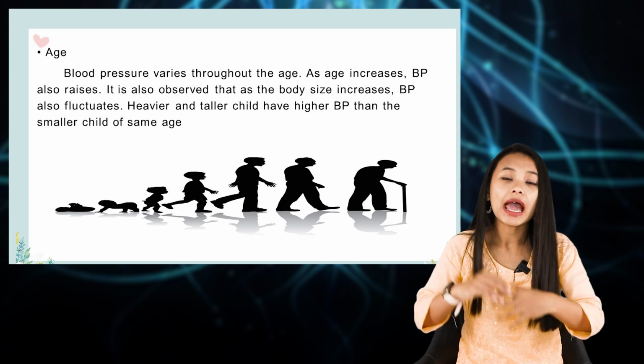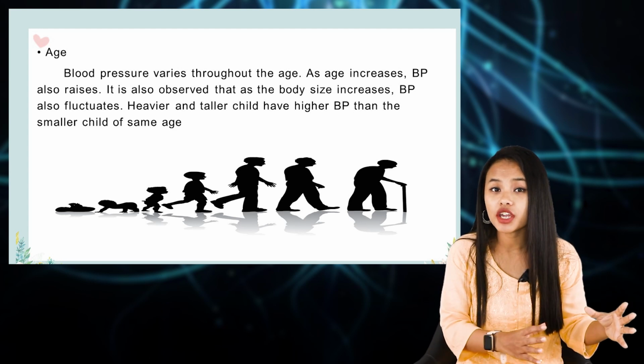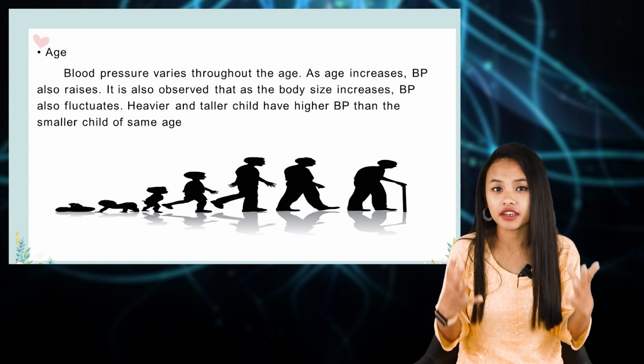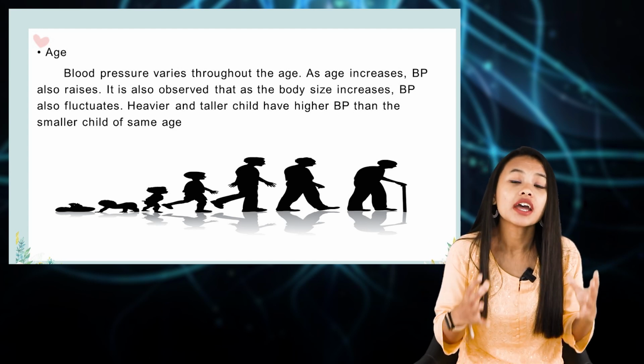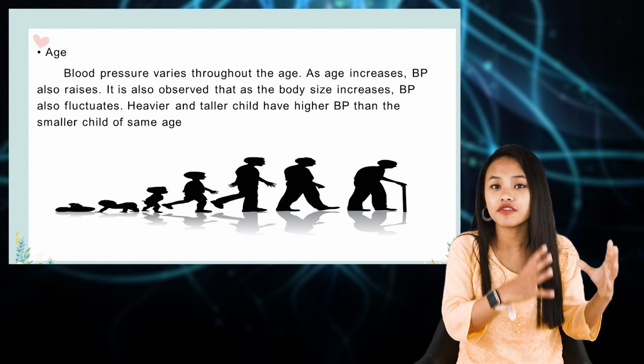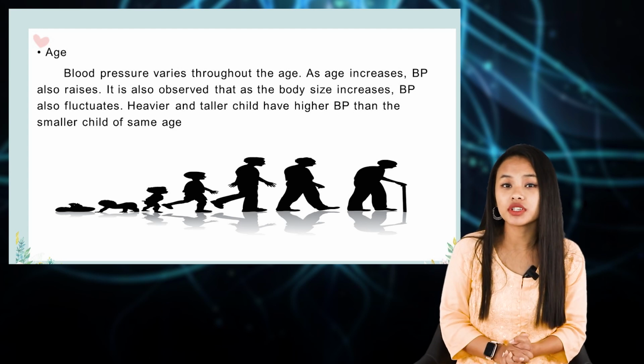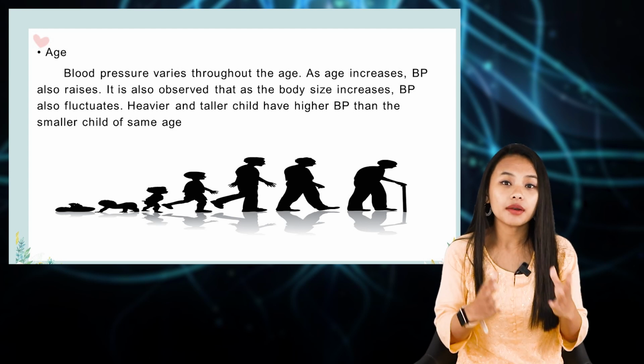And it does not only depend on age, but also on the body size of an individual, because it is observed that if the body size of an individual is larger, then this can also lead to a fluctuation in blood pressure.